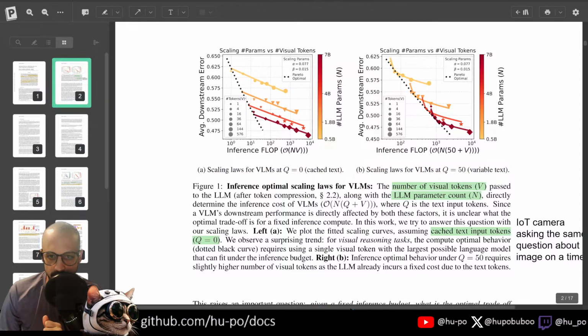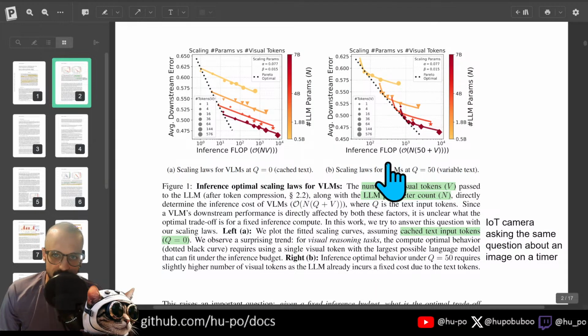Okay, so let's go here to the figure one. So scaling laws for VLMs, right? So you have the same kind of situation here. You have the scaling laws, average downstream error. So the lower this is, the smarter it is, right? So this one here is performing better or is smarter than this one here. The size of these little dots, the bigger the size, the more tokens.